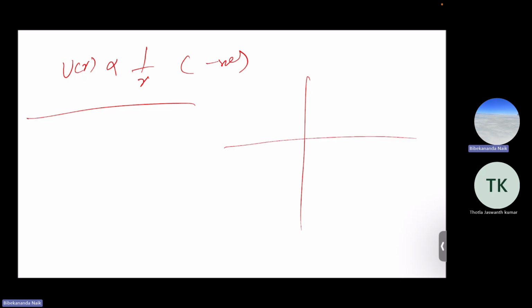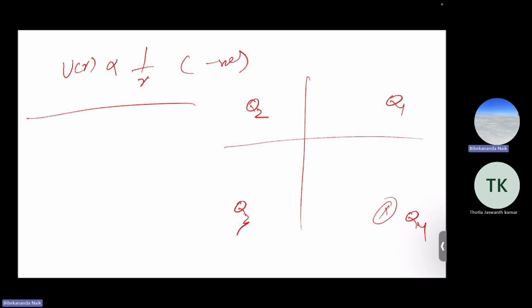So U(r) is directly proportional to 1 by r and it is negative. Let's consider the graphical representation. Negative means for positive value of r it will be negative, so it will be in this quadrant only.